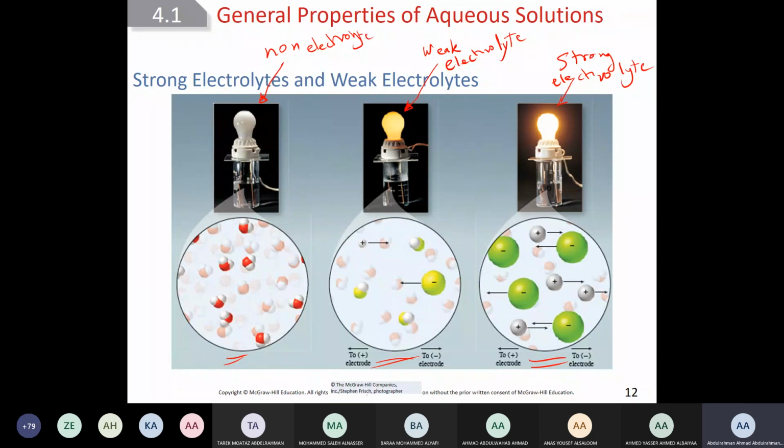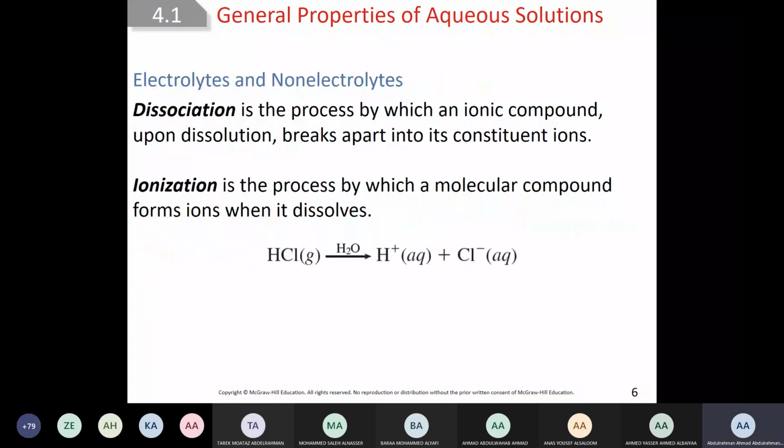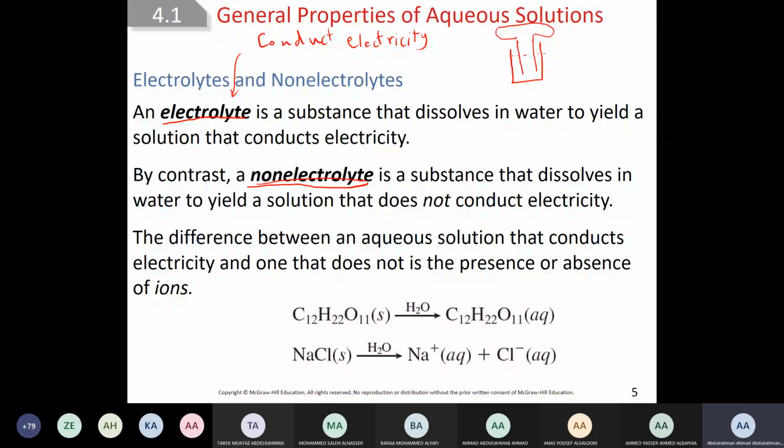Is this clear? Good. What makes things electrolyte or non-electrolyte? If you have ions in solution, then it will be electrolyte because these can conduct electricity. If there are no ions in solution, then this will be non-electrolyte. If you put sugar in water, is this going to be electrolyte or non-electrolyte?